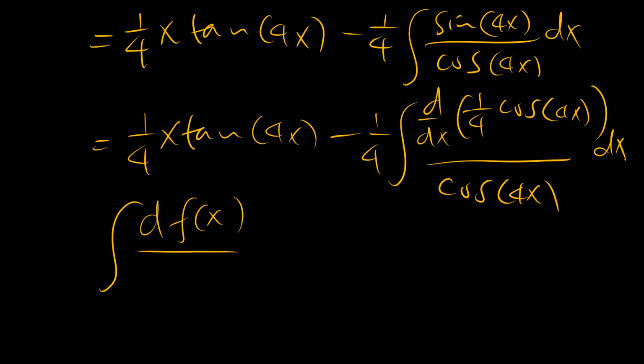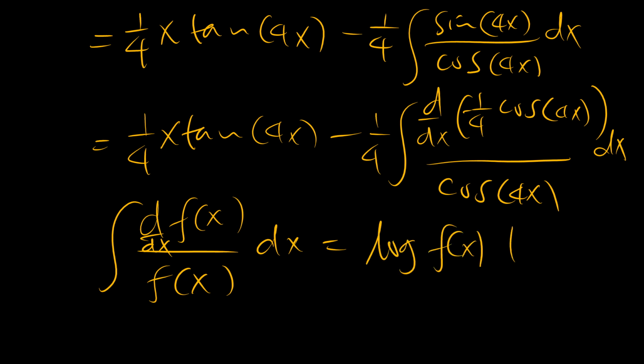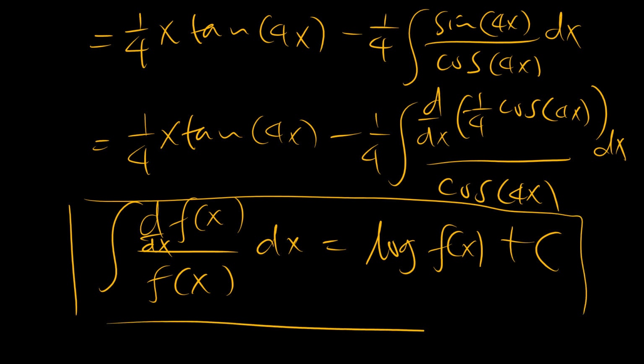We also know that when you're integrating a function which consists of a fraction whose numerator is the derivative of f(x) and the denominator is f(x), this is the same as the natural logarithm of f(x) plus c. So we know that to be true. What we can see here is that we have this a quarter that we can pull out, so let's simplify that.